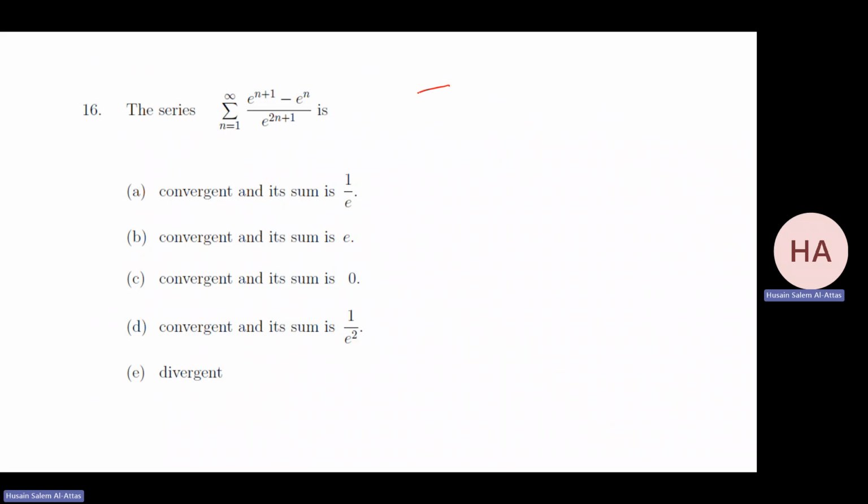So this series, if you think about it, the sum from n equal 1 to infinity of (e to the power n plus 1 over e to the power 2n plus 1) minus (e to the power n over e to the power 2n plus 1). Let me do the calculation.